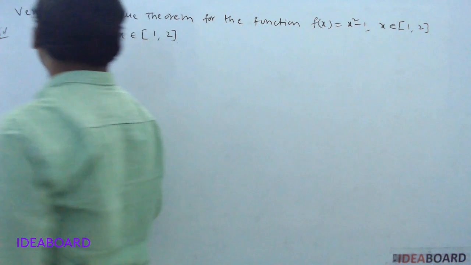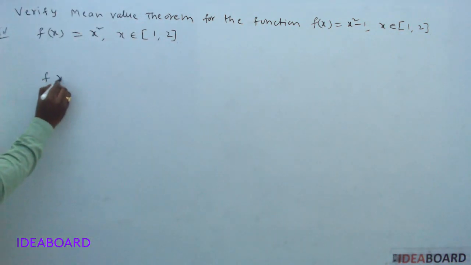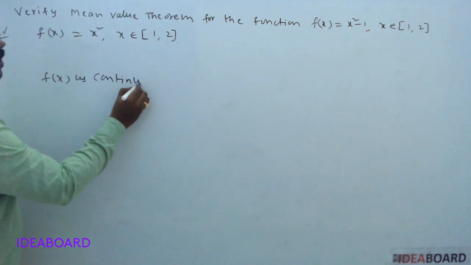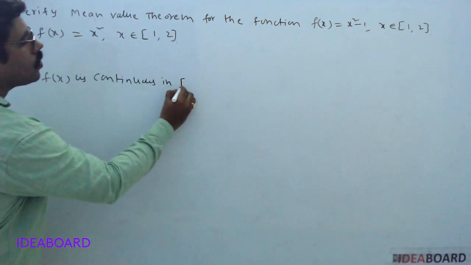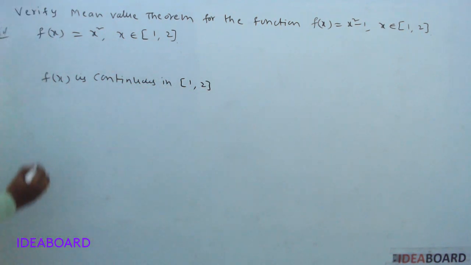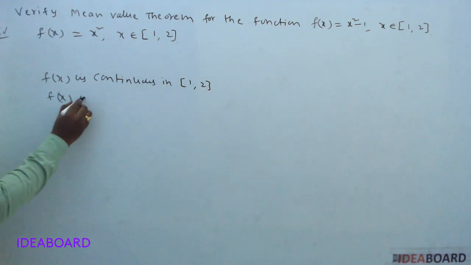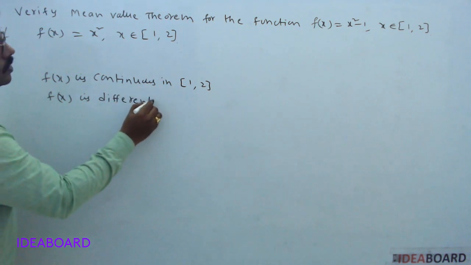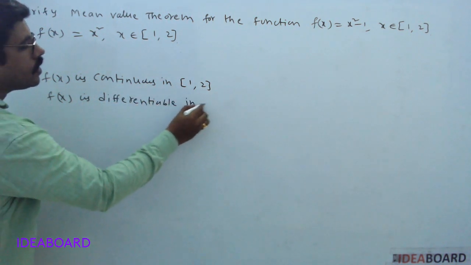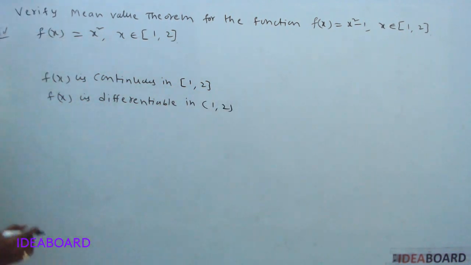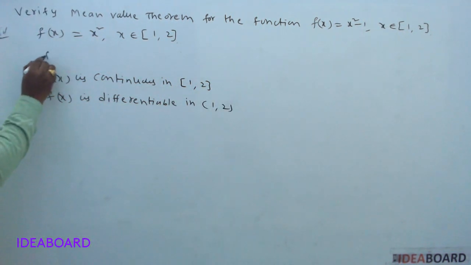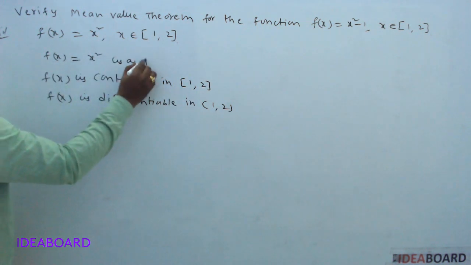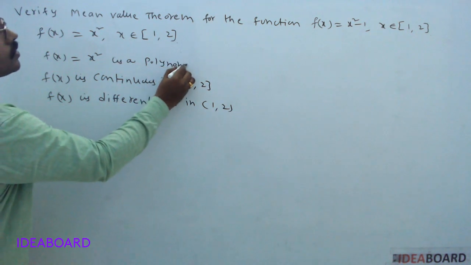First write down those two conditions. F of x is continuous in the closed interval 1 comma 2. Second one, f of x is differentiable in the open interval 1 comma 2, due to the reason that f of x equals x square is a polynomial function.